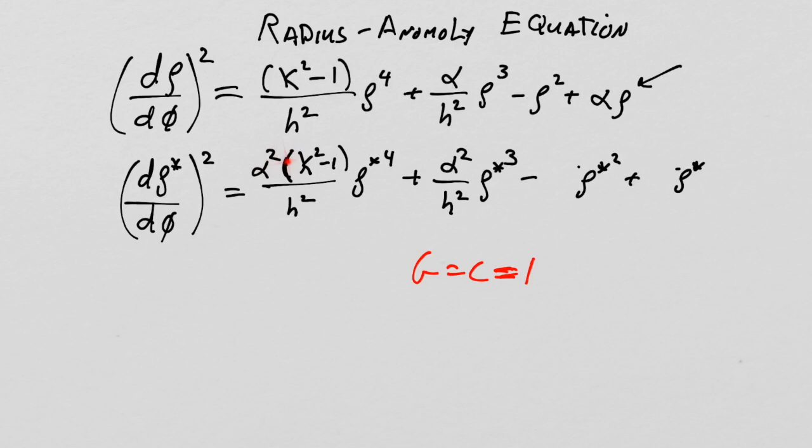You'll just end up with G's and 2M's or whatever in any unit system. You'll end up with, let me quickly see, like a c squared here. I think you'll have a c squared here too. You'll end up with some c squareds if you choose G not equal to c not equal to 1, and the alpha will be, I think you'll end up with 2M squared, and then you'll have a G, you'll have a 2M squared, and you probably have a G squared down below.